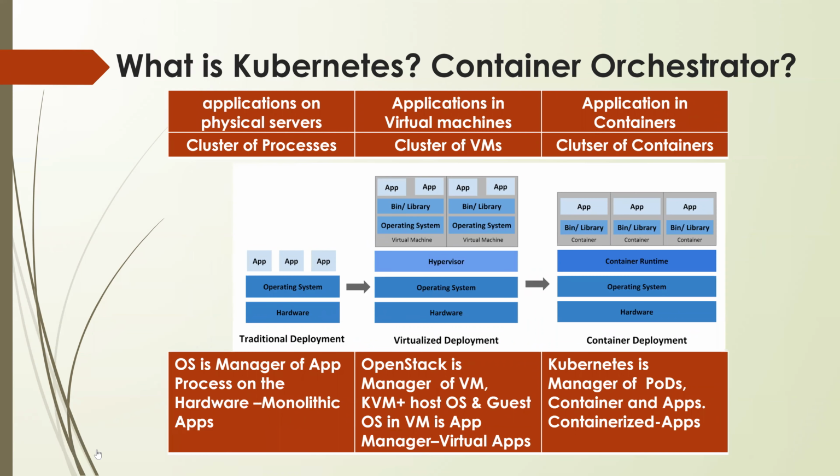What is Kubernetes? The definition of Kubernetes is that it's a container orchestrator. So how did it come about? Kubernetes was created by Google based on lessons learned from running containers at scale for many years.